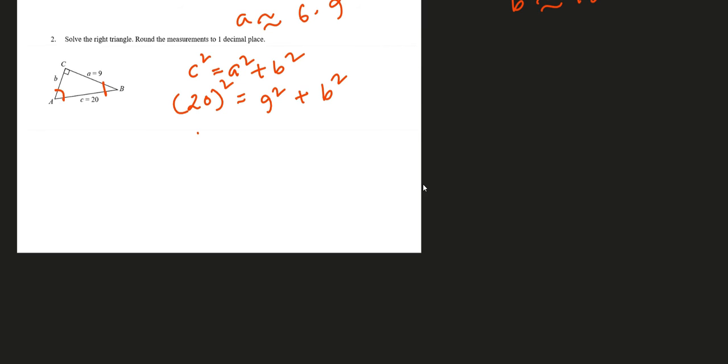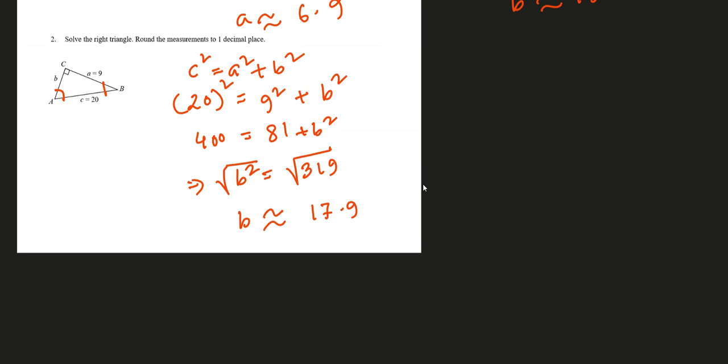Then this is 400 equals 81 plus b squared, and if we subtract 81 from both sides, we get b squared equals 319, and if we take the square root, we get b is approximately equal to 17.9. So we got the value for b.